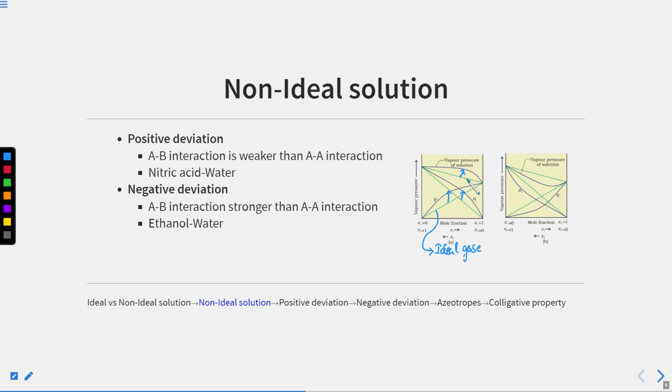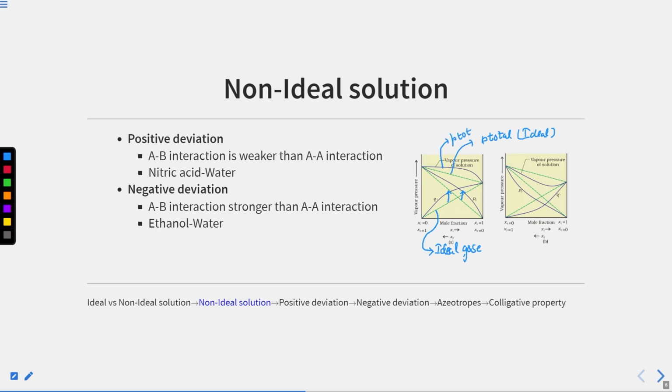Now, since the pressure has increased from the ideal case, suppose this is the line for P total. This should be the ideal case, which should have happened because it should follow Raoult's law. But if you consider the true solution, it looks like this.